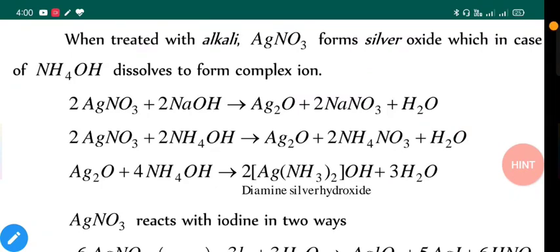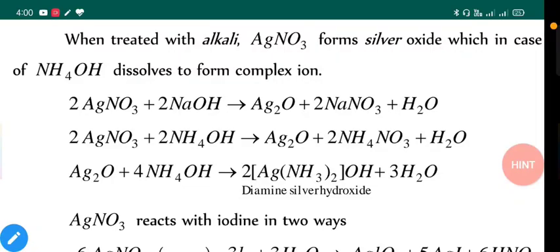Now when treated with alkali, AgNO3 forms silver oxide, which in the case of NH4OH dissolves to form a complex ion. So AgNO3 with NaOH gives Ag2O. AgNO3 with NH4OH again forms Ag2O, and Ag2O with excess NH4OH forms [Ag(NH3)2]OH, diamminesilver hydroxide.